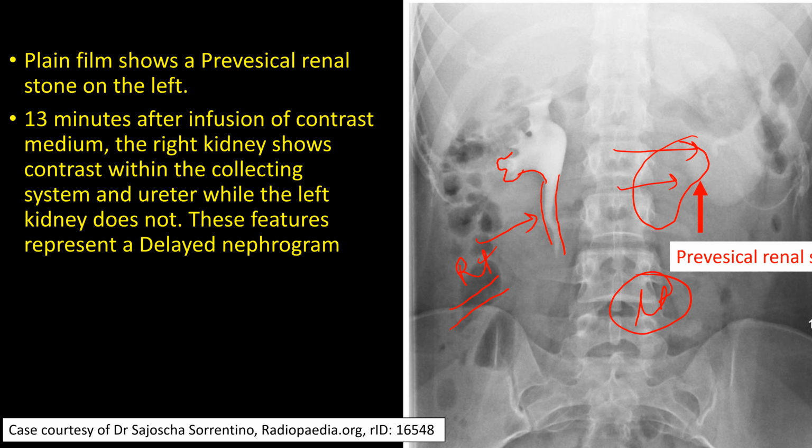In intravenous pyelography, to assess the function of the kidney, dye should appear at the collecting system at the same time, but we cannot see the dye on the left side at the same time. Instead, we can see a shadow of renal stone. This is the prevesical renal stone.